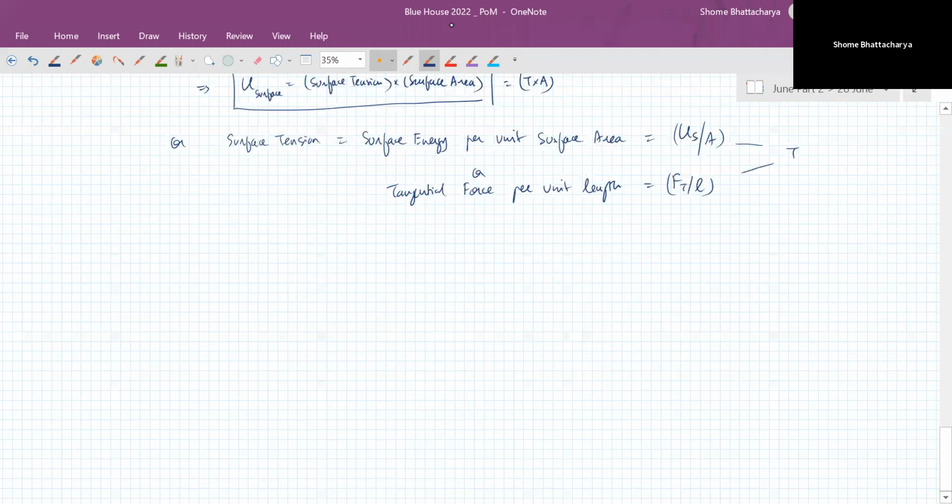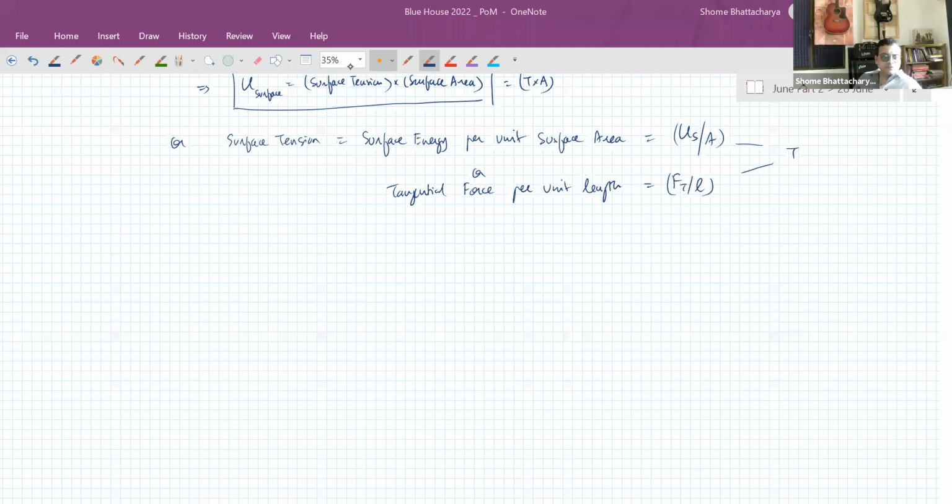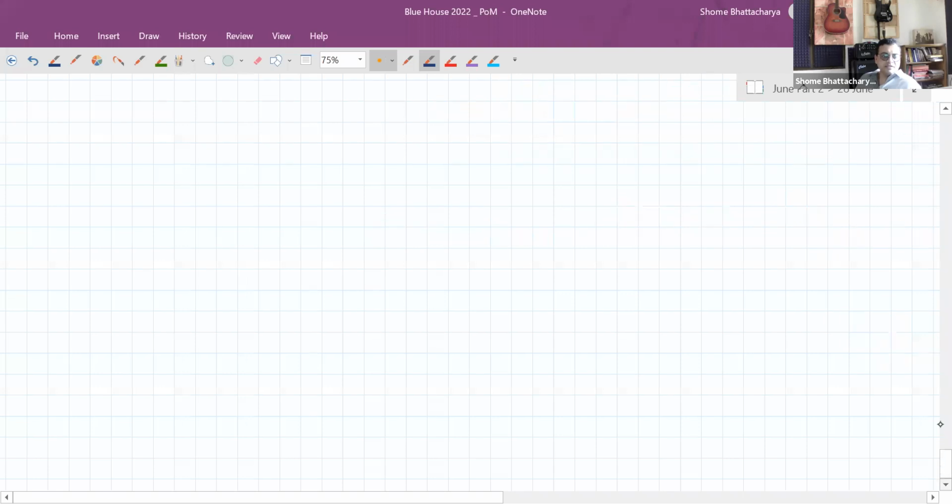Okay, so this is a very important aspect of surface tension. Surface energy being surface tension multiplied by surface area. Now, because of this, we observe a very important property of fluids, or liquids in particular.